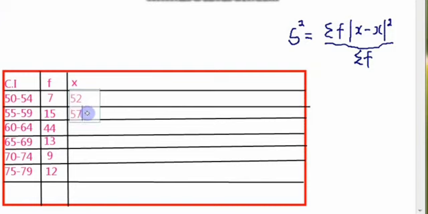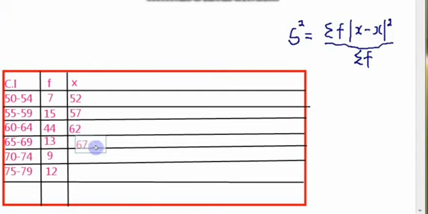If you compare 52 to 50, it is increasing by 2. That means you add 2 to 50 to have 52, add 2 to 55 to get 57, add 2 to 60 to get 62. So on the third row, you have 62. When you add 2 to the fourth row, you have 67 for the midpoint.